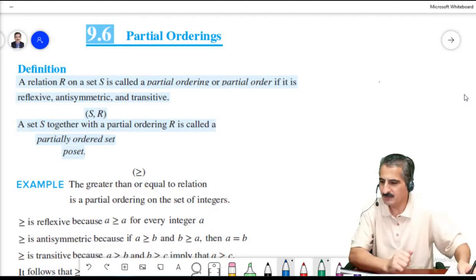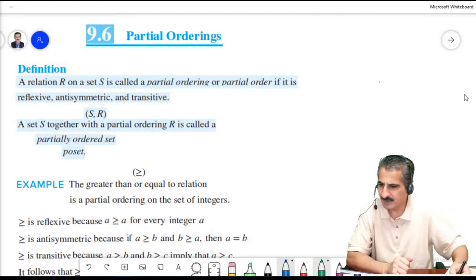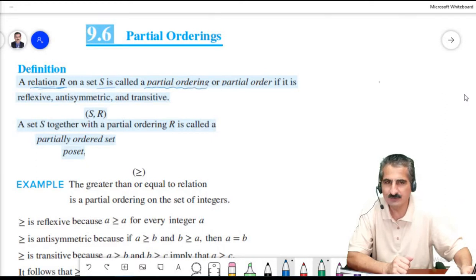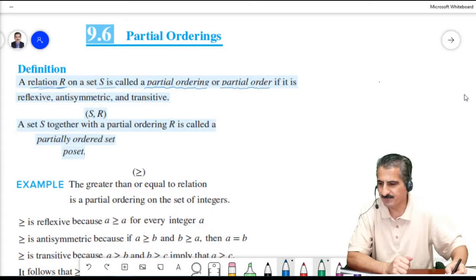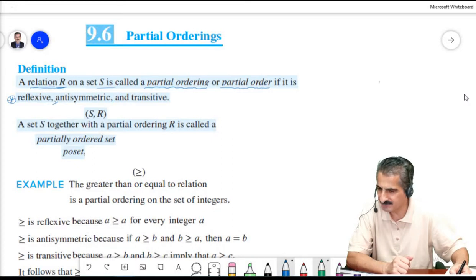So we will call a relation R on a set S a partial ordering, or partial order, if it is reflexive and antisymmetric and transitive.